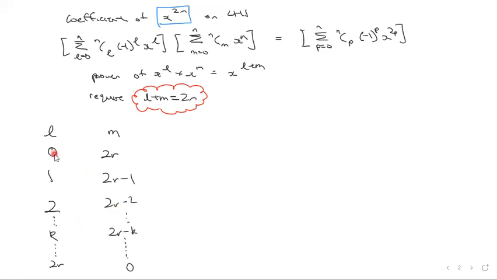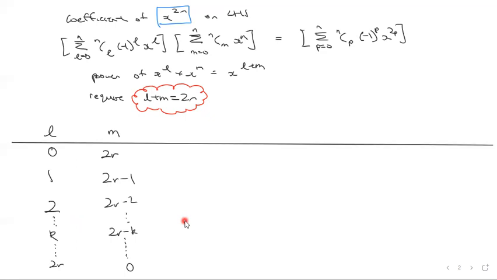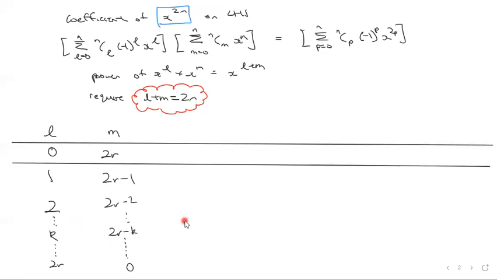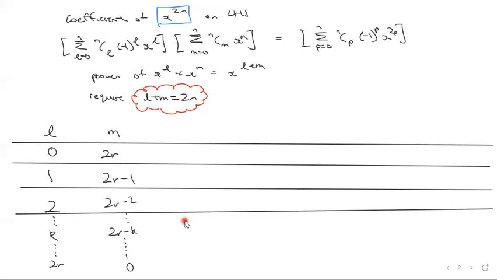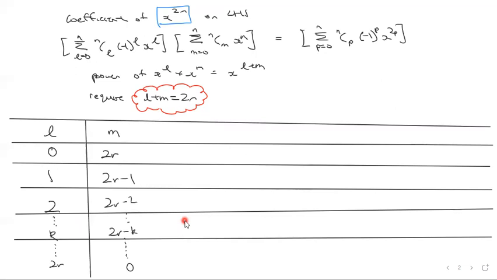So L starts at 0, M starts at 2R, L goes up by 1, M goes down by 1. End of story. That covers every single possibility that L and M could add together to give 2R, and therefore covers all the possibilities out of all n plus 1 squared possibilities that you're going to get the power you need. So now you need to work out the coefficients.